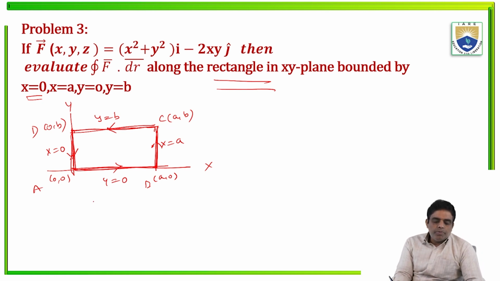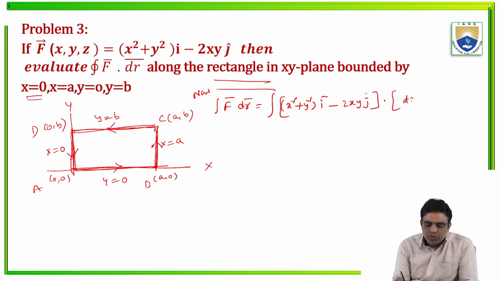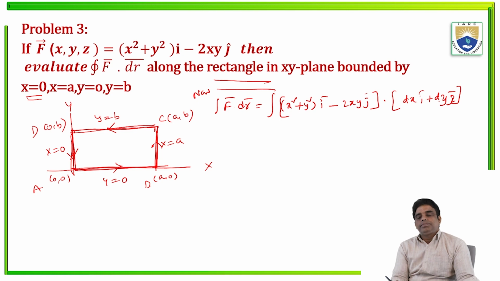Right? So before that we calculate the integral of F bar dot dr bar. Now the integral of F bar dot dr bar is equal to the integral of the given function (x square plus y square) i bar minus 2xy j bar, dot product with dr, which is dx i bar plus dy j bar. So no need of considering the z term.